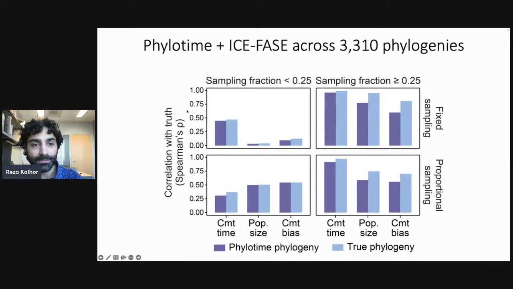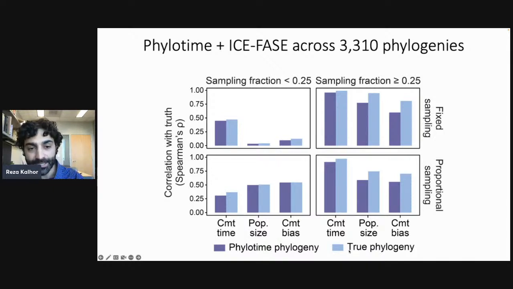So on the left, you see progenitor states with a low sampling fraction. On the right, you see all the progenitor states with adequate sampling fraction. This row is for fixed sampling, and this is for proportional sampling. Dark blue is the Phylotime phylogeny, and light blue is the true phylogeny.